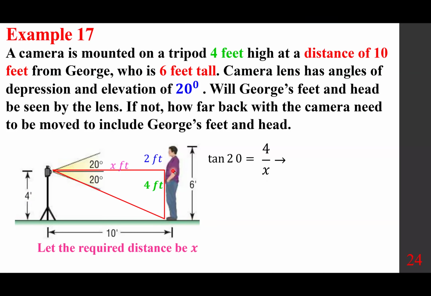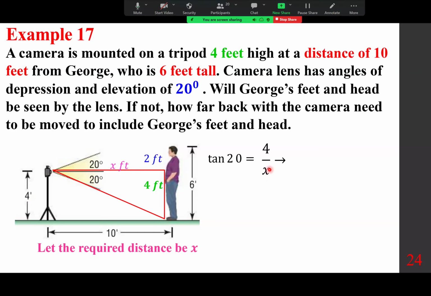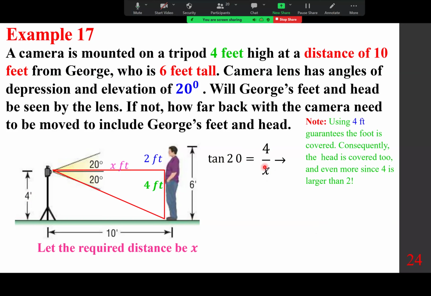The concept of a cross product says we can interchange these two. X is 4 over tan 20. By the way, what I just explained, note, using 4 feet guarantees the foot is covered. Consequently, the head is covered too. And even more since 4 feet is larger than 2 feet.